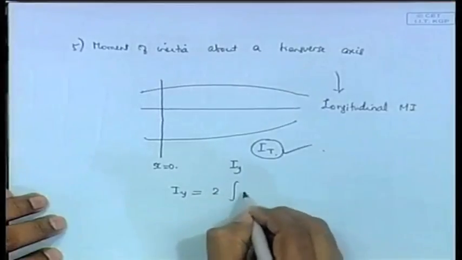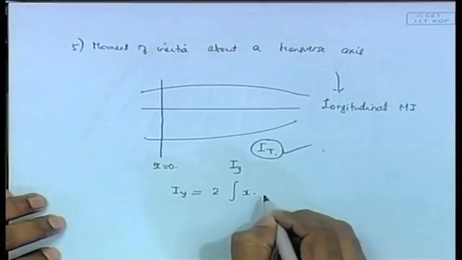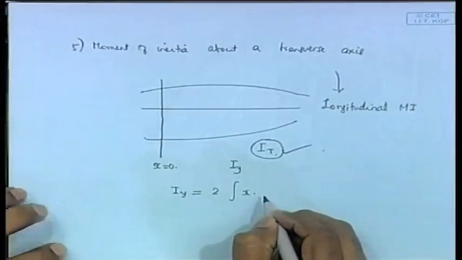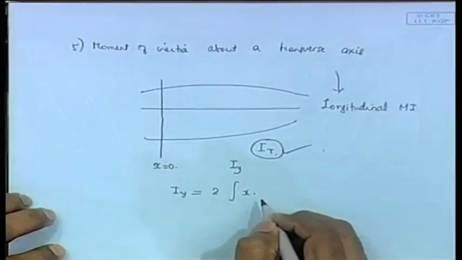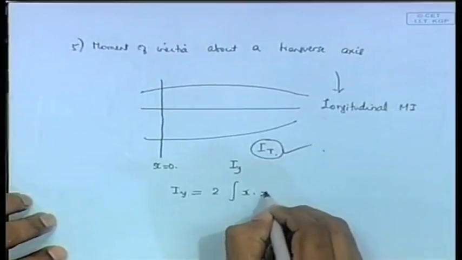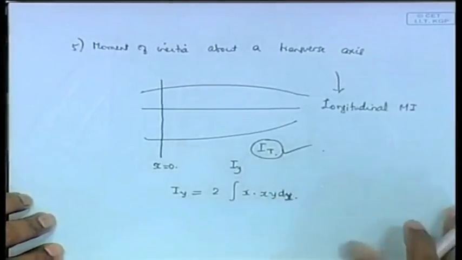Then this is defined as Iy is equal to 2 into integral of x squared y dx, okay.